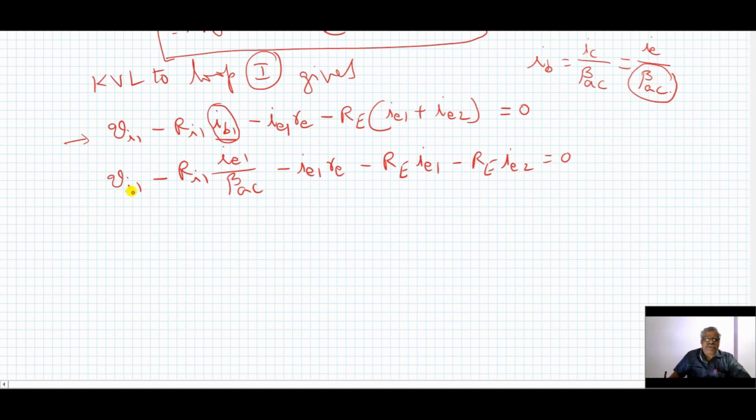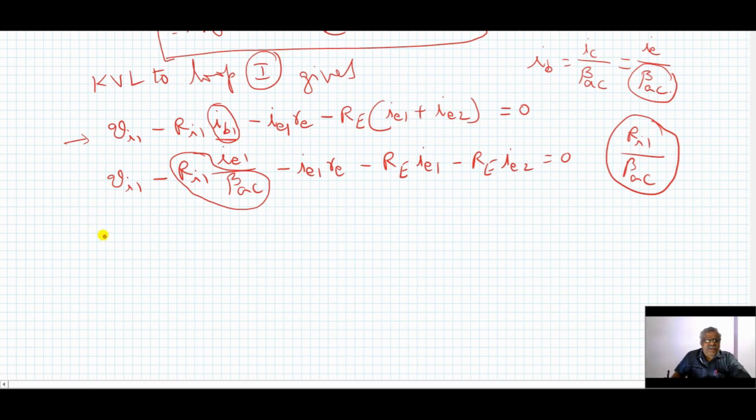So this is the expression we get. And in this expression, if you observe carefully, what is this ratio? RI1 by beta AC. What is RI1? The internal resistance of the first input, that is VI1. Beta AC is very large. So this ratio RI1 by beta AC will be much smaller. So it can be neglected in comparison.